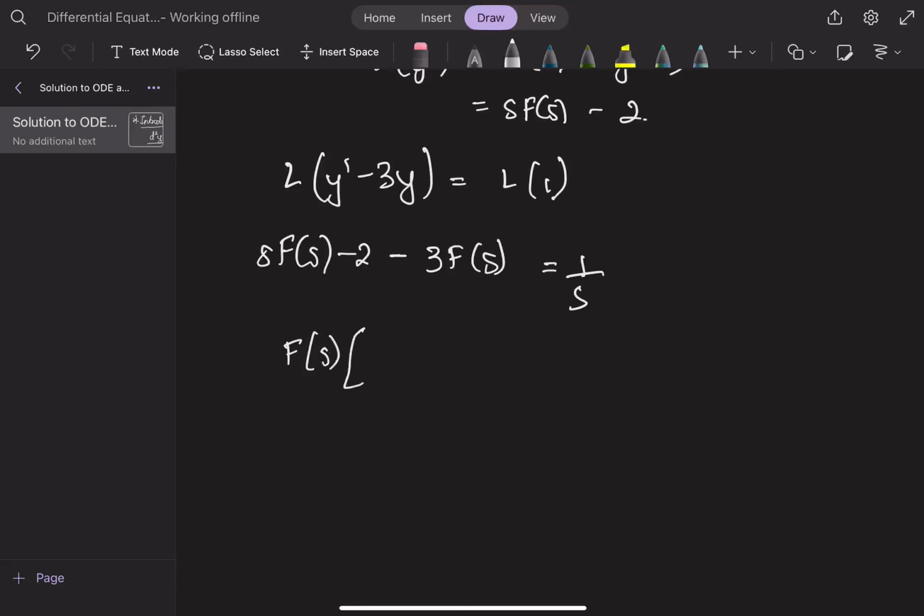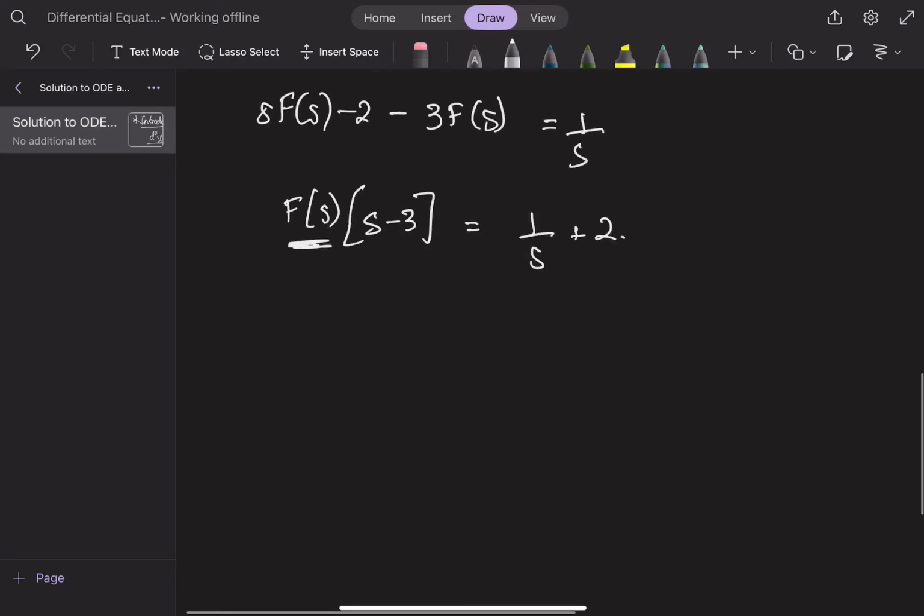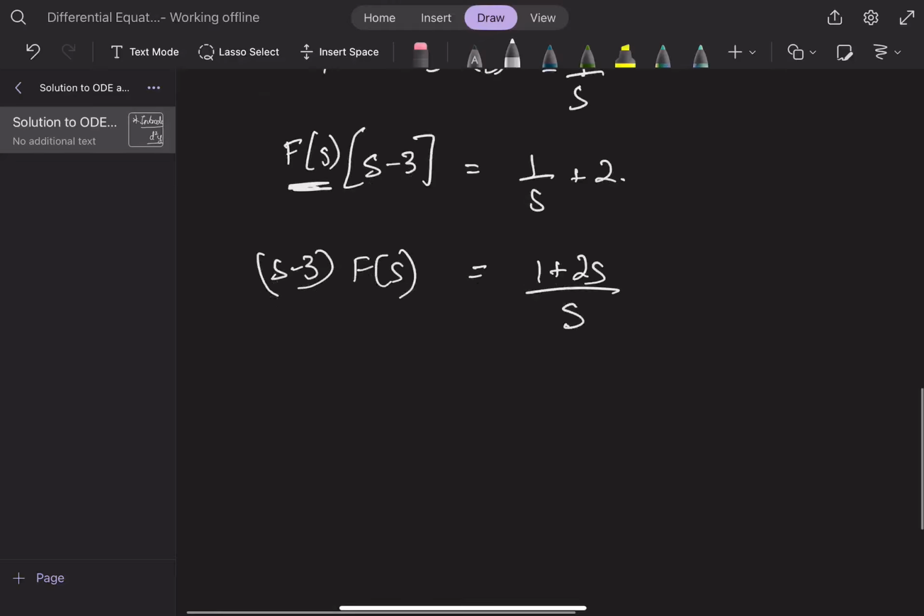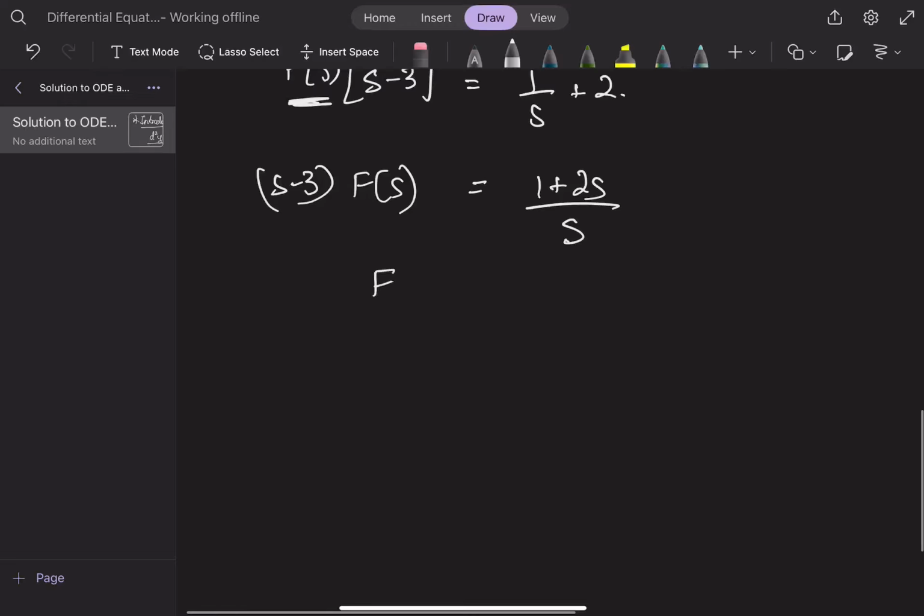So you are left with s minus 3, and let's send 2 to that side, because what we need to find is F(s). So let's write this as (1 plus 2s) divided by s. (s minus 3) into F(s) is equal to (1 plus 2s) divided by s. So your F(s) becomes (1 plus 2s) divided by s into (s minus 3).